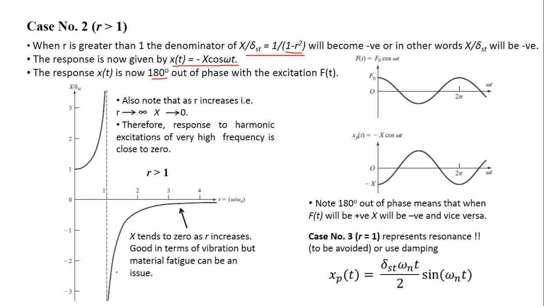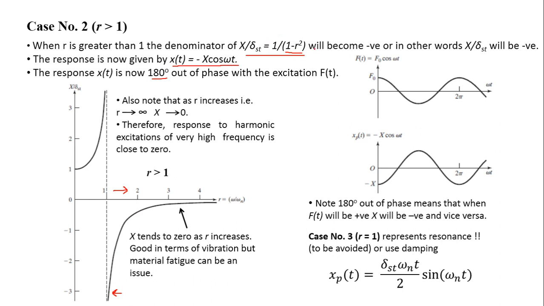So this is the region. You see that when r is greater than 1, what will happen? We start from r equal to 1 actually, and when r is equal to 1, this acquires a very high value. So we start from somewhere here at a very high value, and from this point onwards, when r increases and becomes greater than 1, what happens?